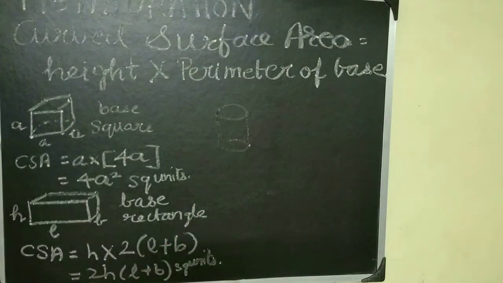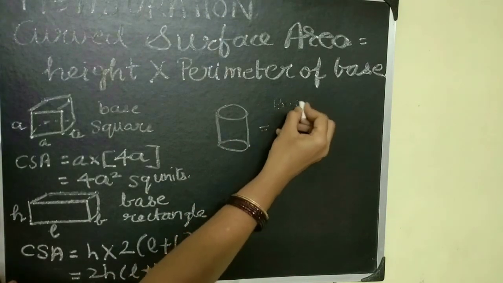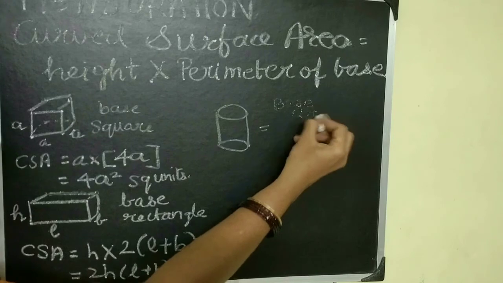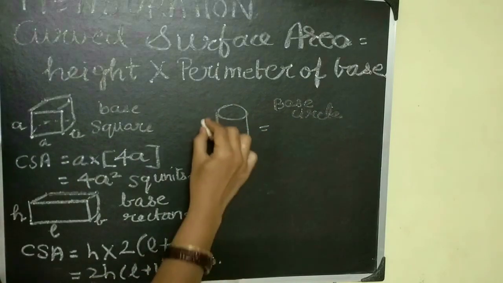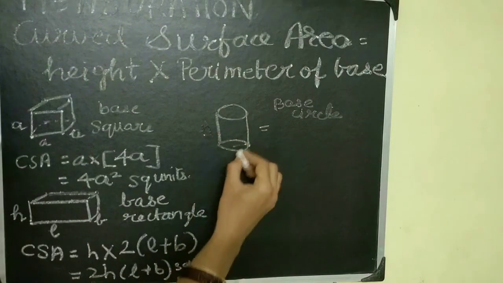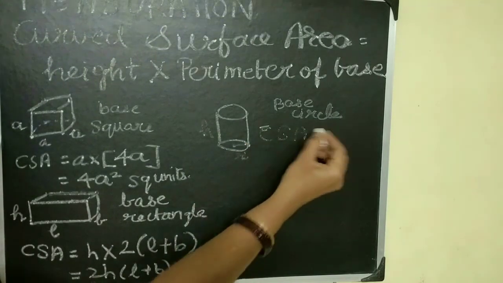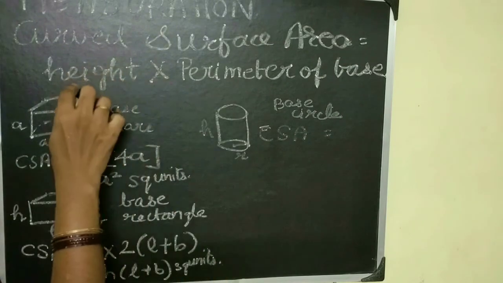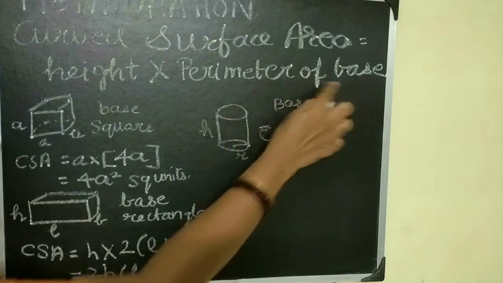Now let me consider the shape of a cylinder. The base here is going to be a circle, the height is h, and the base circle has a radius of r. When I take the CSA, again it is height h into the perimeter of the base.